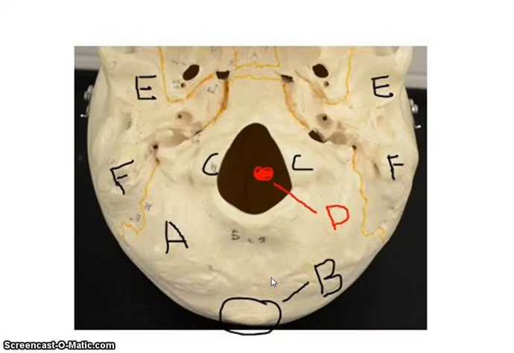Now we're looking at an inferior view of the skull, so looking at the underparts of the skull and what bones you could see there. Here again you have the temporal bone. You can see the mandibular fossa, and you can see the mastoid process of the temporal bone. You can see them on both sides. Then we have the occipital bone.